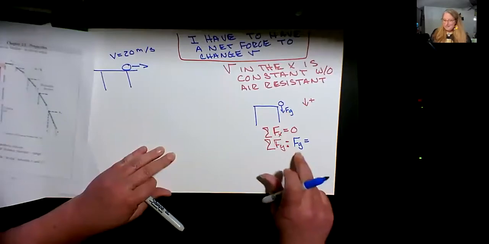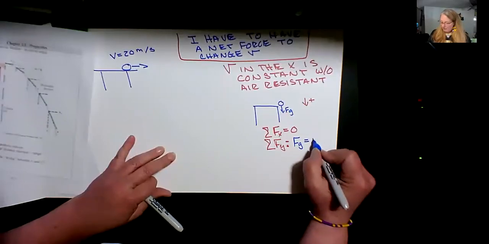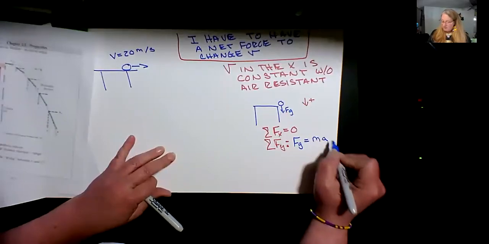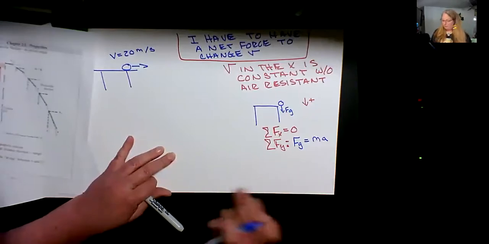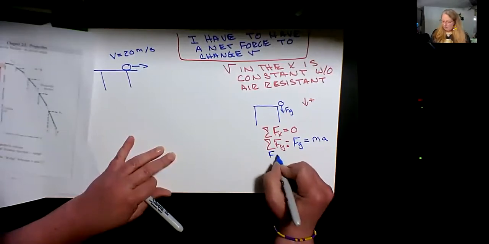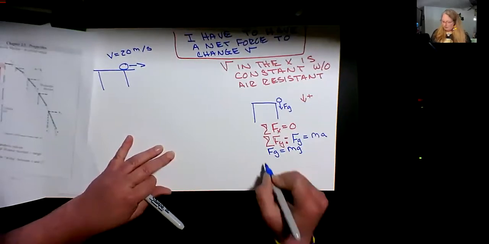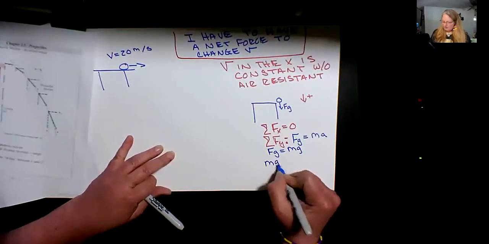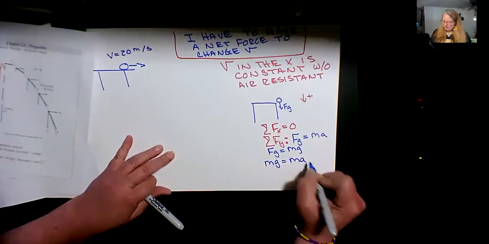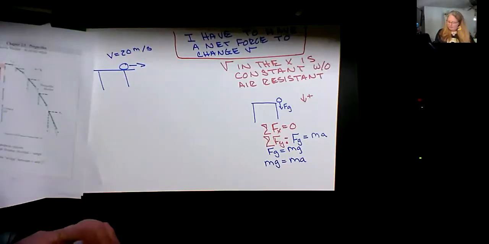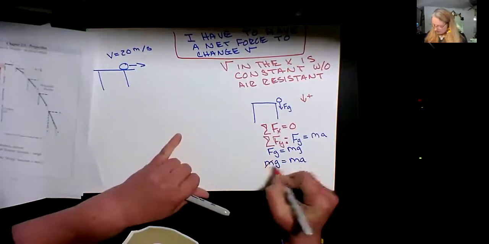This is the only force I have. That means I have mass times acceleration. So I can rewrite the force of gravity, because we've defined that as mass times gravity. Mass times gravity equals mass times acceleration. Oh, I feel like we've been here before. As I look at this, masses cancel out.